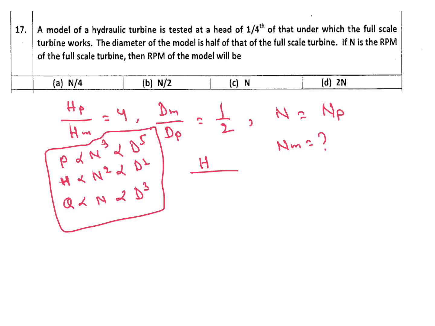H is proportional to n square d square, so h by n square d square is constant. So here we will do h by n square d square of prototype equal to h by n square d square of model.